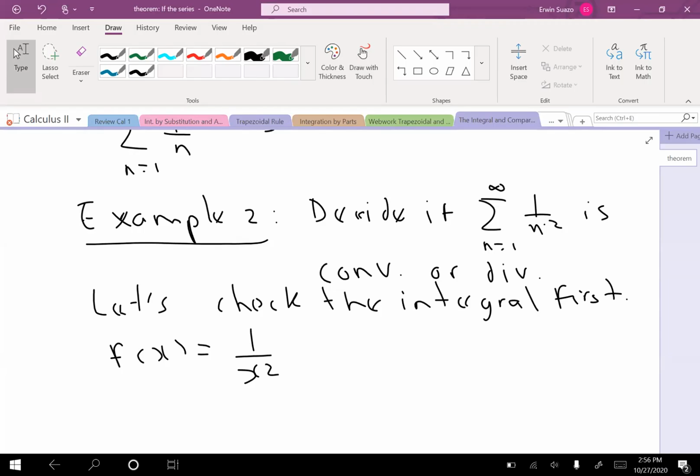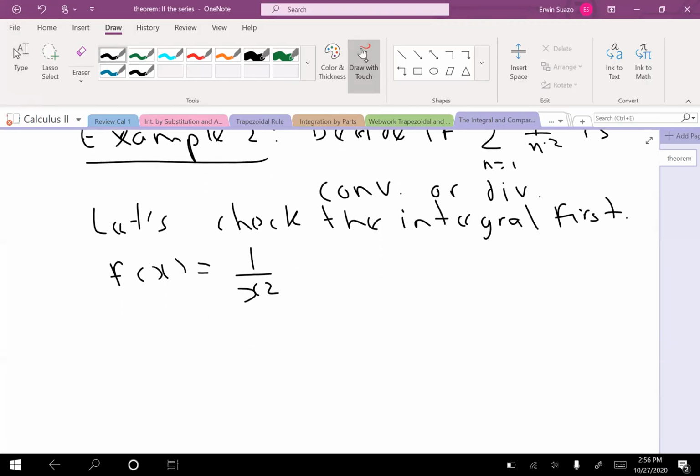Okay, so let me give you 3 minutes to find that integral. So you need to do the integral from 1 to infinity of 1 over x squared dx.